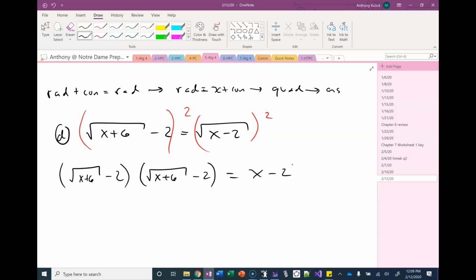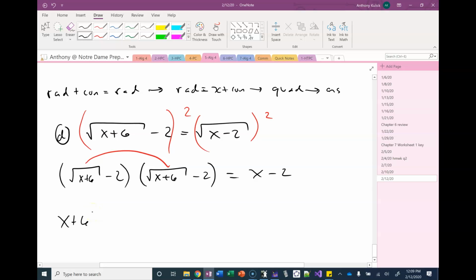What do I do next? So square root of x plus 6 times the square root of x plus 6 gives me just an x plus 6. Is that what you wanted to write? I couldn't hear.